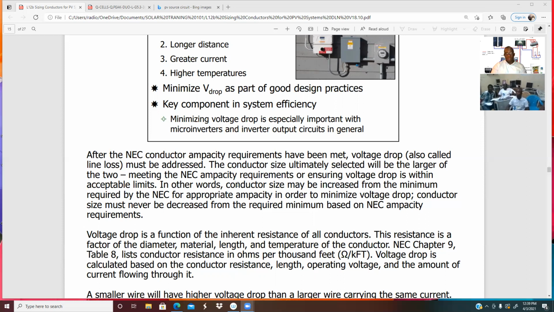And from a business point of view, in human nature, you may say, oh, I can get a wire for a cheaper price. Not bearing in mind that if you use a smaller wire on the job, it will cause voltage drop. And when voltage drop is caused, it will cost you a lot in the future, because you have to do rewiring. The customer will complain, you'll be uncertified, you'll be rated for a bad job.